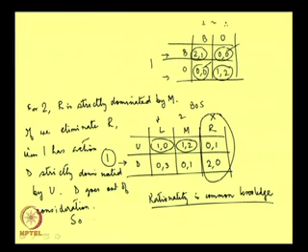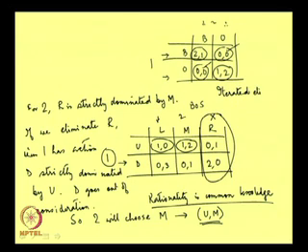So, 2 will choose M. Therefore, the only outcome that we are reaching is UM, right. So, let me go over this entire procedure once more. This is called iterated elimination of strictly dominated action.